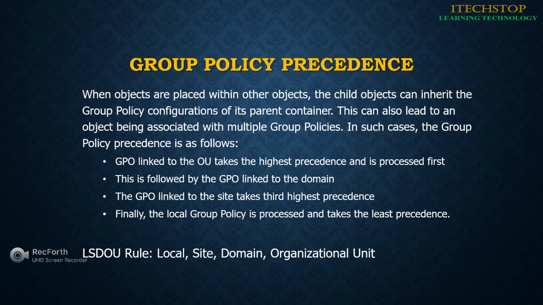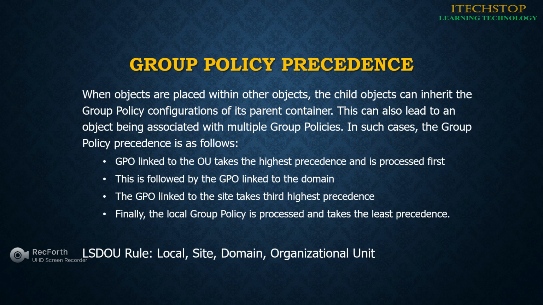But when it comes to how the group policies are processed and take effect on a user or computer, it is in reverse order. Whichever group policy is applied last will take the highest precedence. In the LSDOU rule, this is the procedure it follows.